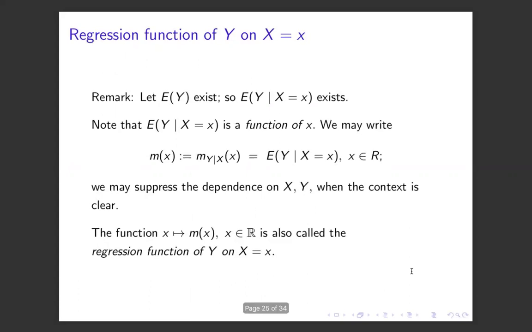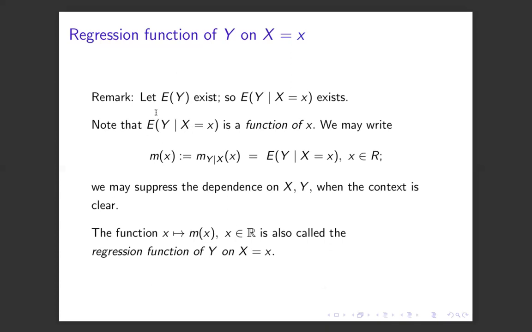Okay, now let me say what we are up to. Last semester when we did conditional expectation concerning discrete random variables, we also introduced an object, conditional expectation of y given capital X, as a random variable.